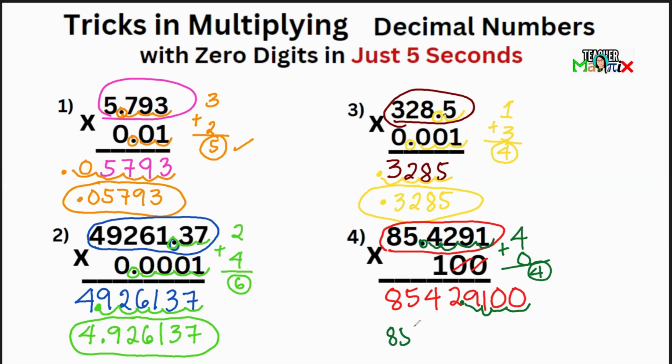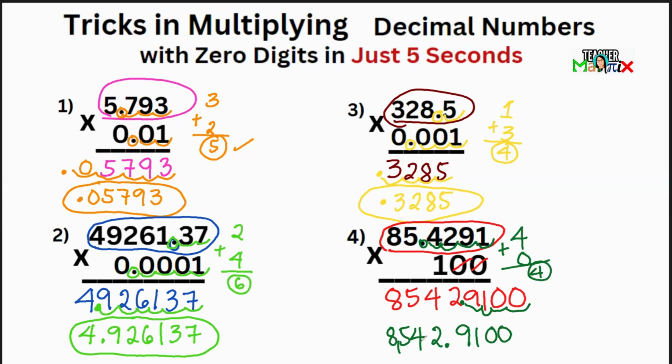Okay, let me rewrite. 8, 5, 4, 2.9100. Since whole man yan, and then 4 digits man yan, naka-reach na siya ng thousands place. So, maglagay ako ng comma.